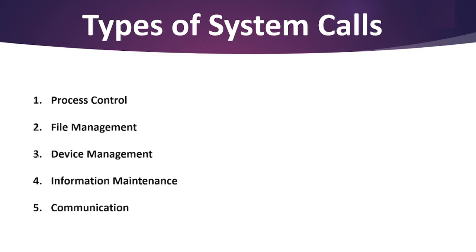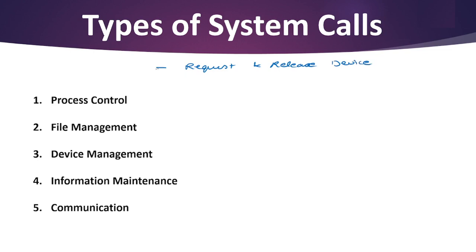The third type we have is device management. It is responsible for handling the devices. Device management does the job of device manipulation, like reading from device buffers and writing into different device buffers. Other than this, it also includes request and release of the device.